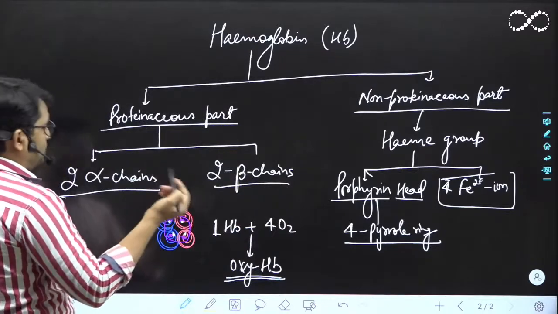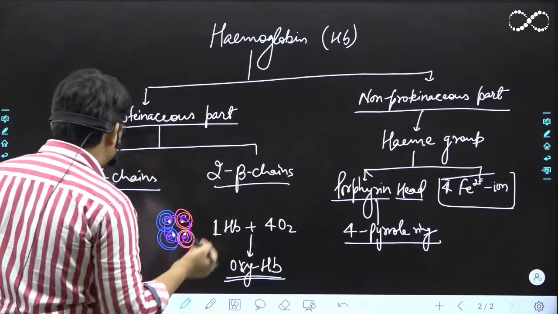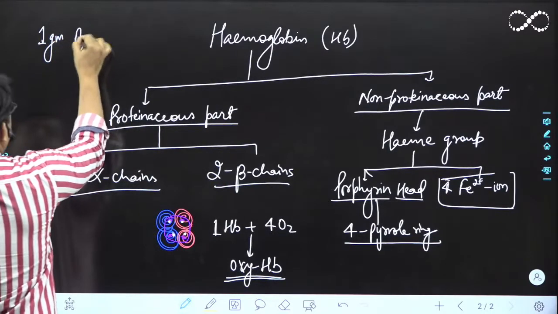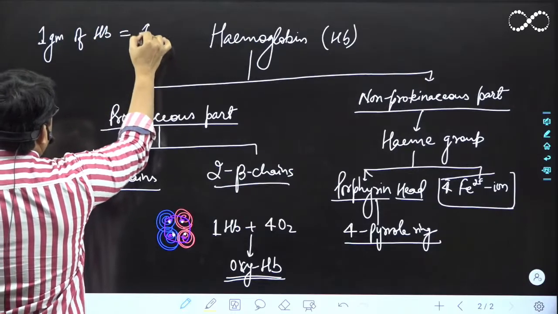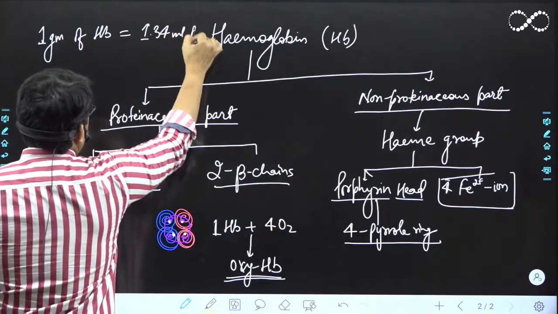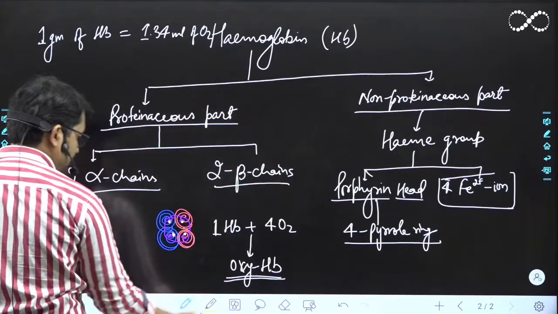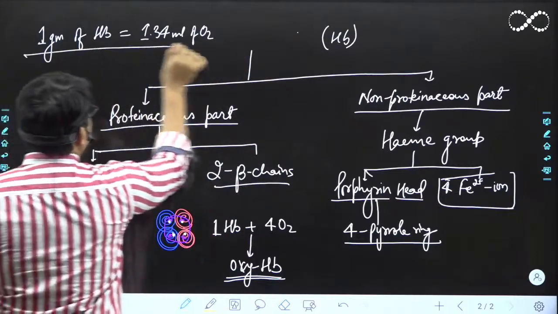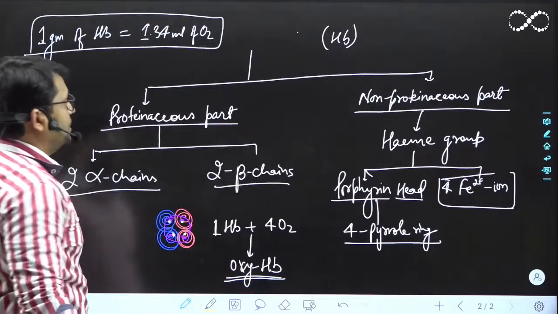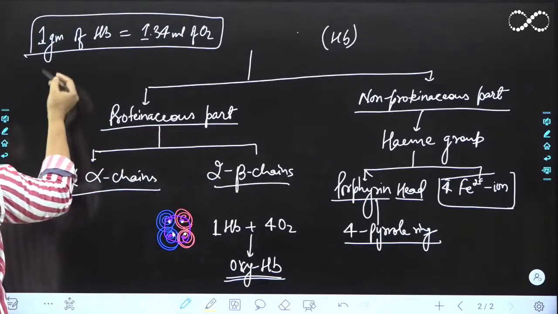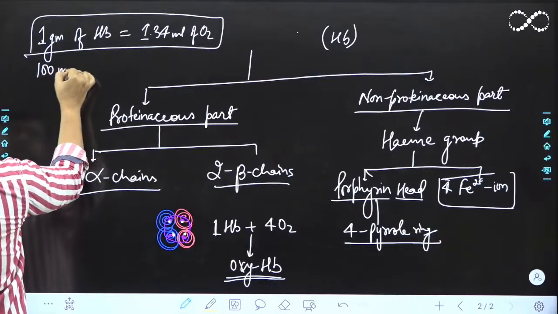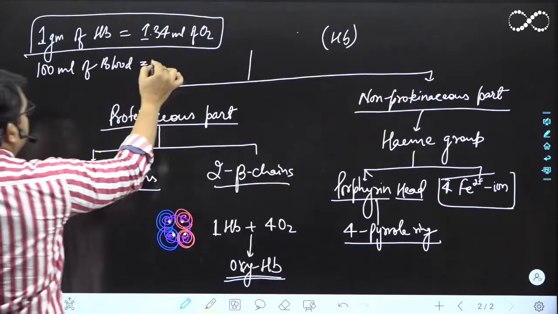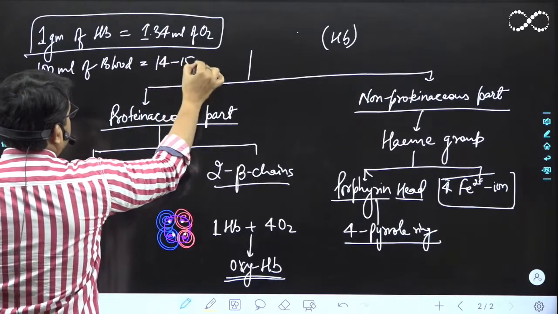Now, if we look at the numerical values, 1 gram of HB is going to carry 1.34 ml of oxygen. ठीक है, याद रखिएगा इस चीज को. Okay, so 1 gram of HB is going to carry 1.34 ml of O2, and 100 ml of blood have around 14 to 15 grams of HB.